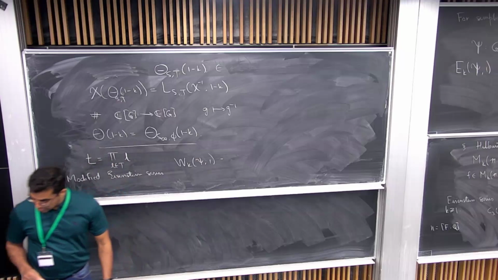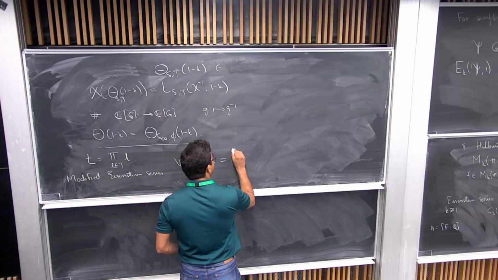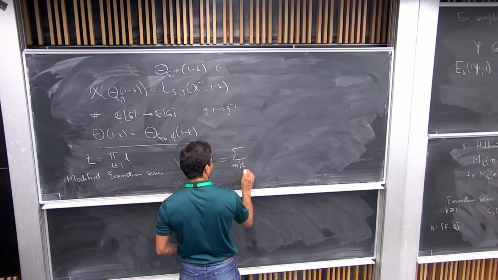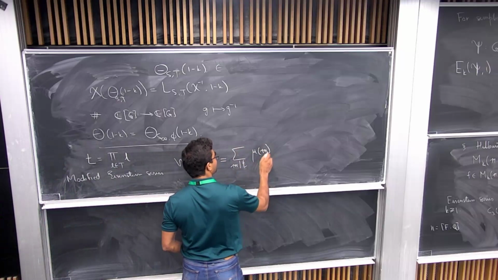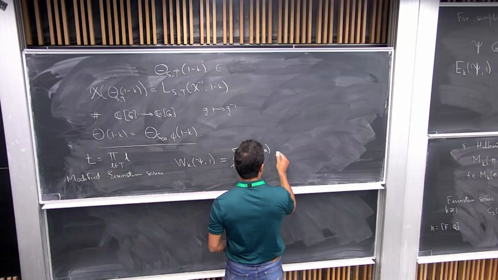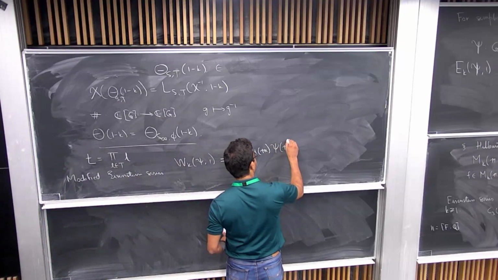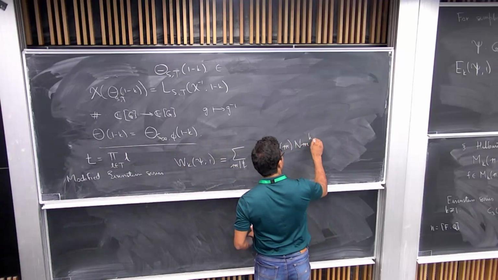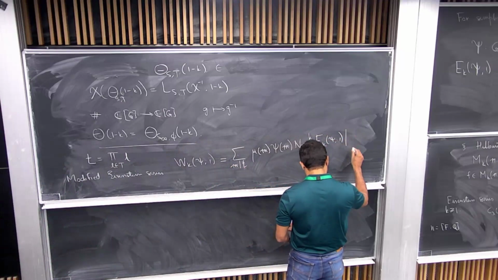So this thing is a summation over m dividing T. You take the Mobius function, so it's -1 to the number of prime factors that m has, and psi of m, norm of m to the k, E_k psi 1, and you level raise it to m.